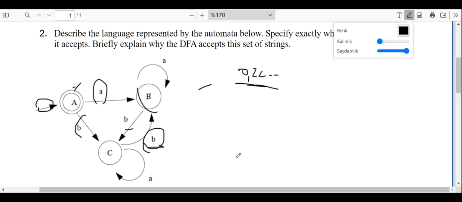Okay, now the definition of the accepted language. Firstly, the empty string.